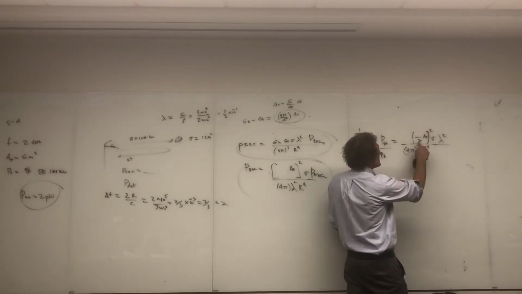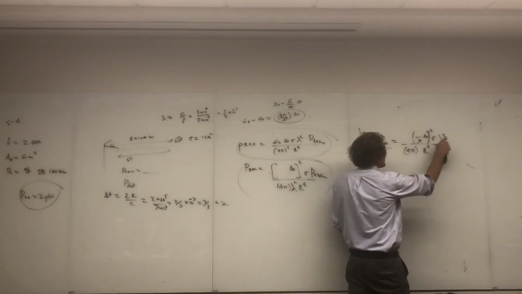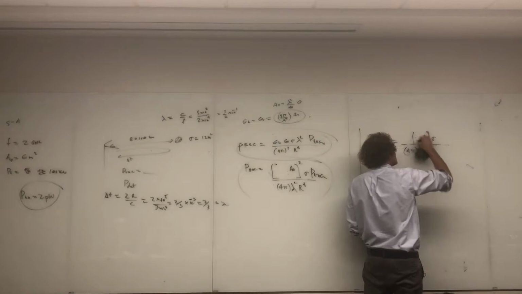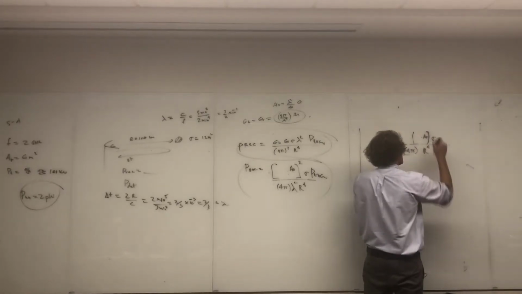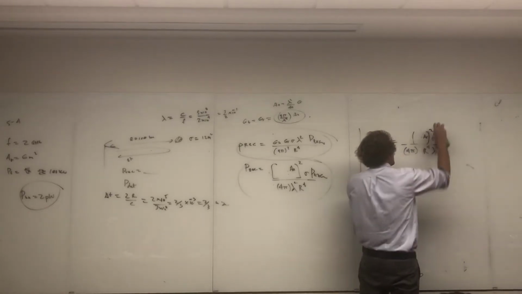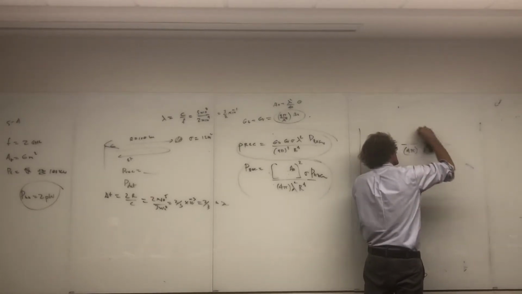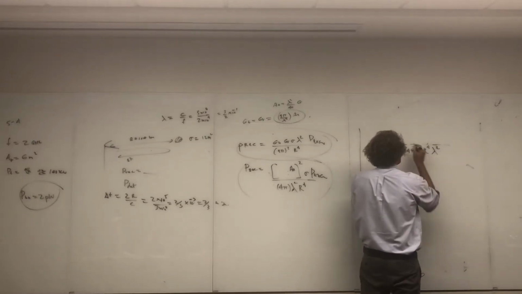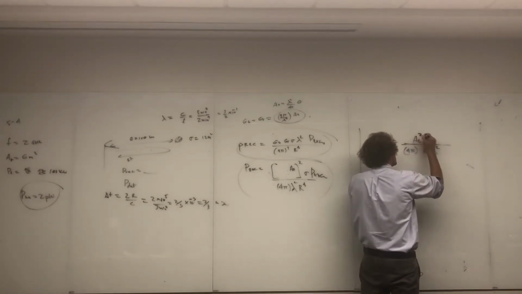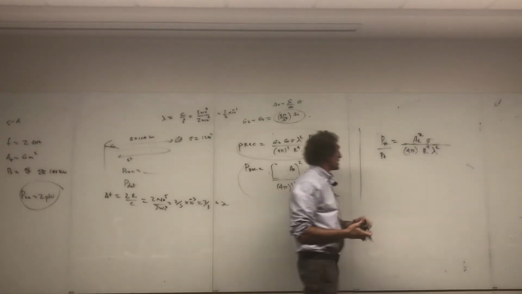I have lambda squared squared, or lambda to the 4th, over lambda squared, so I take a lambda squared outside of that. And now it's effective aperture squared times sigma.